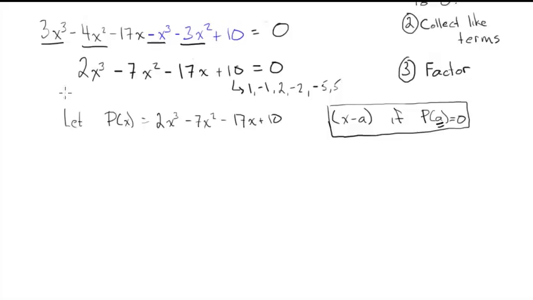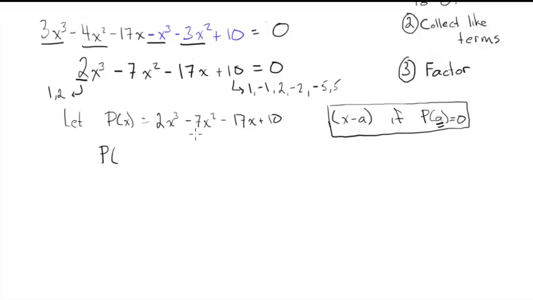If those don't work, notice this one also has a coefficient on the first term. So you might have to divide these numbers by factors of this, which are just 1 and 2. Obviously you don't have to try dividing by 1, because that's these numbers here, but you might have to divide these numbers by 2 and try those. But I would always try these numbers first.